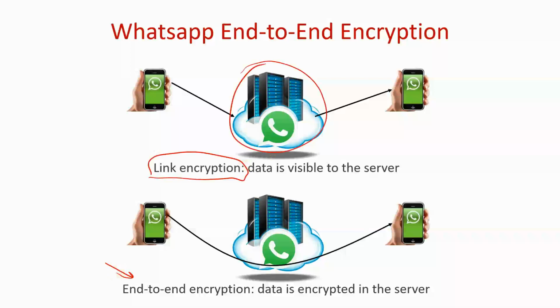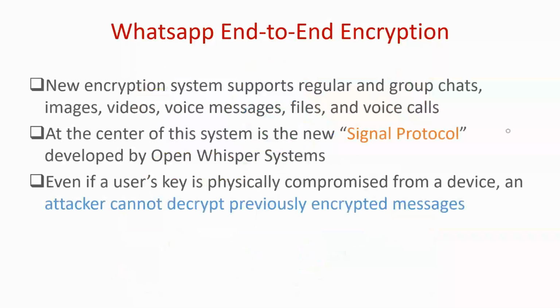There is now a security association negotiated between the endpoints, between your phone and the destination phone. The server just needs to know where the message is going to be sent. It basically just needs to know who you're talking to, but does not read the content.